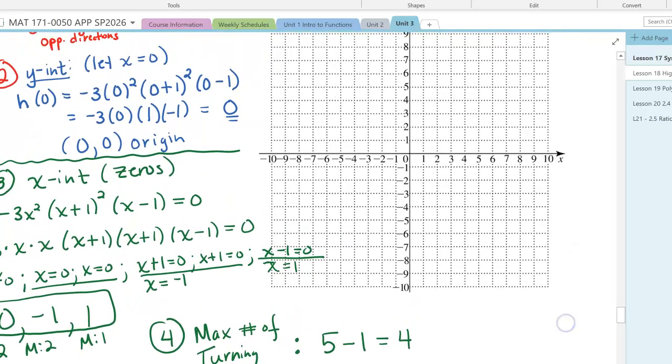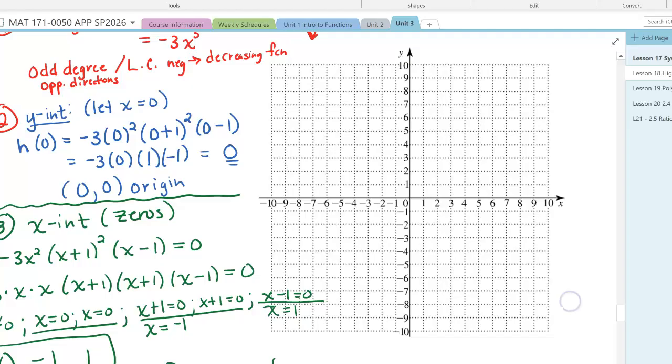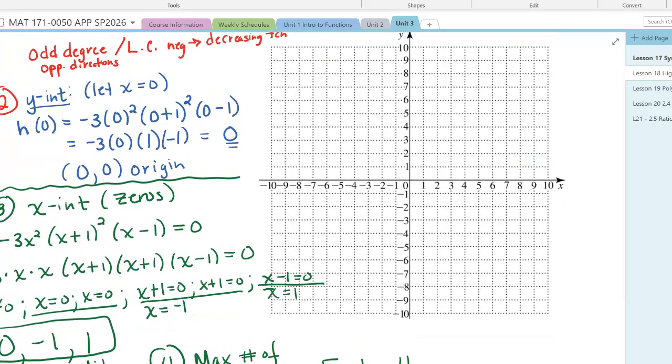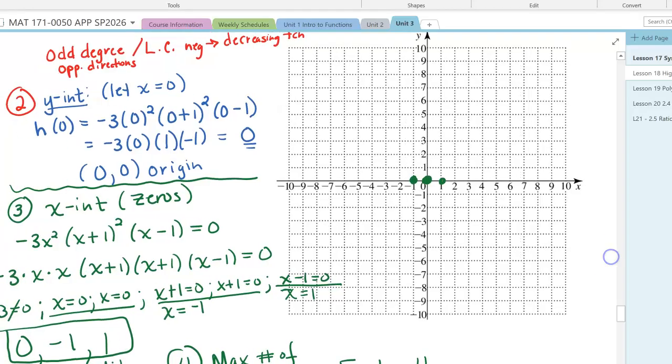All right, so the points we can plot are the x and y intercepts. So I'm going to go ahead and do that. So I had 0, 0, I had negative 1 and 1. I also know the end behavior.